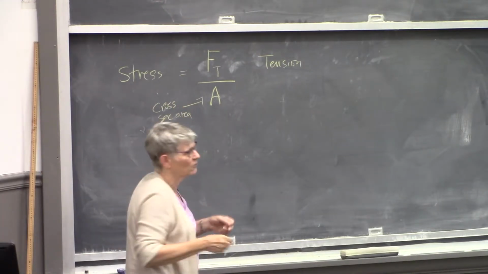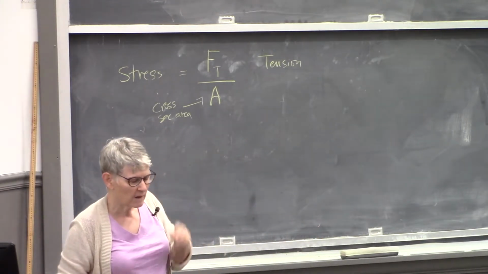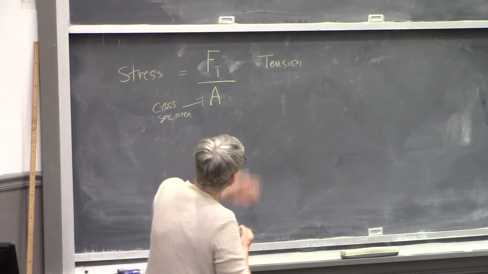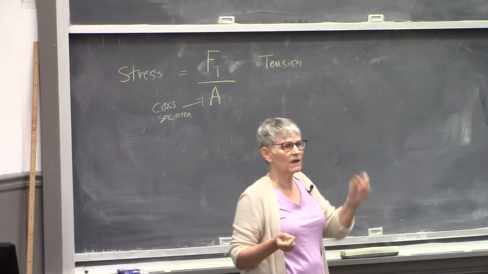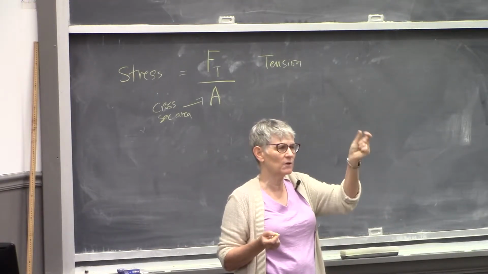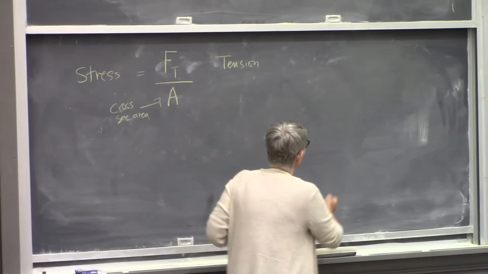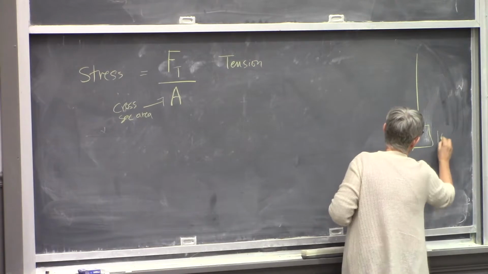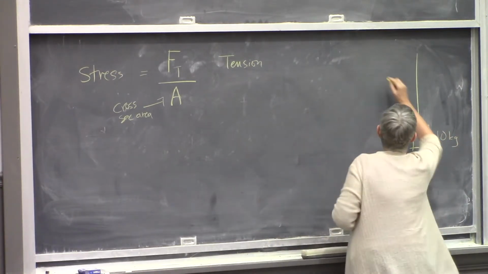So we have a force per area. In our example here, using the wire we used originally that had a 1 millimeter by 1 millimeter cross section, we have this 10 kilogram mass.